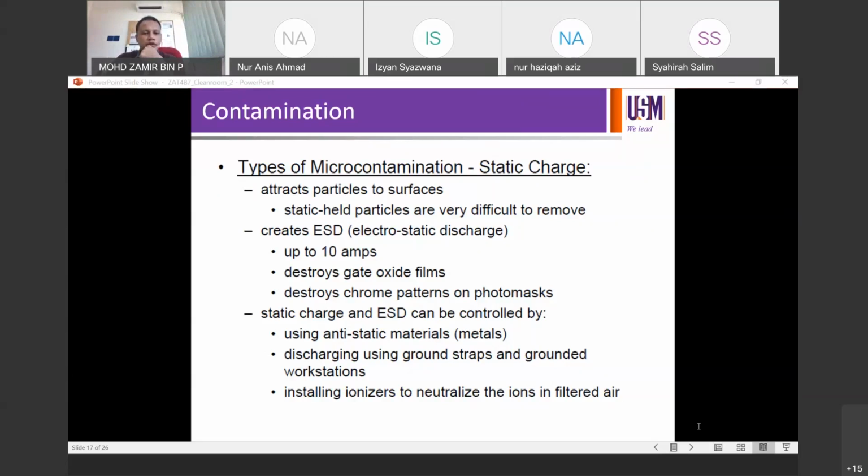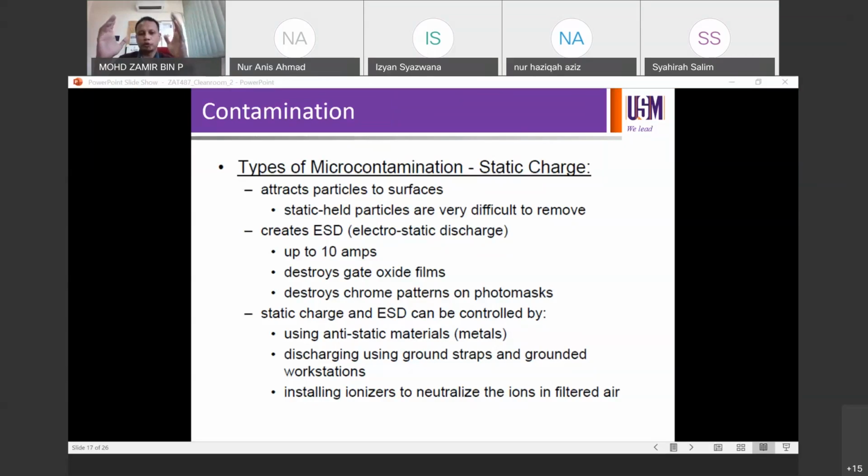Okay, static charge can be controlled by using anti-static materials, discharging through ground strap. So kalau you get to do your intern or work in a fab, you'll see later on major dalam wafer fab semuanya di grounded, right? It's grounded workstation lah.